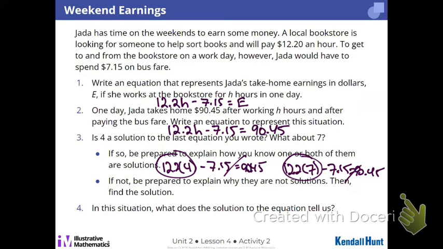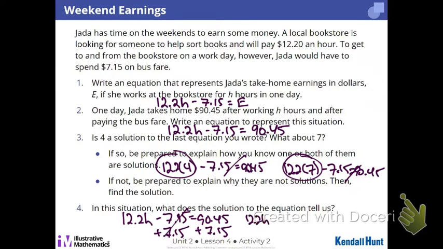So what's good is we have one variable, so we can solve for that variable to get an answer that does work. And you did this a bunch last year. I'm going to go back to this equation right here from number 2. When I'm solving equations, sometimes I like to think about what that means. When I add $7.15 to both sides, that's like how much money she got from the business.